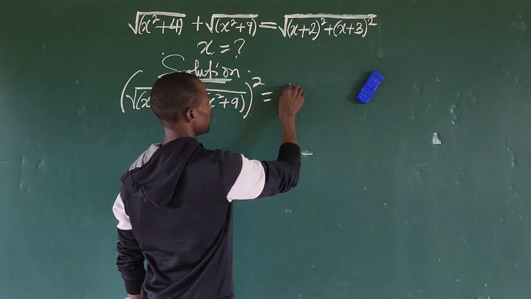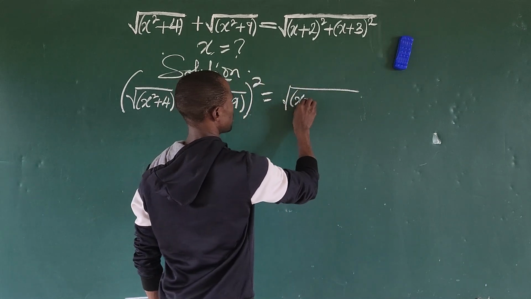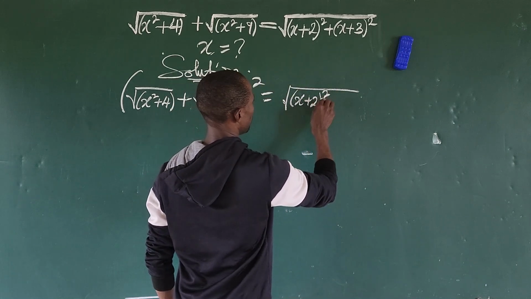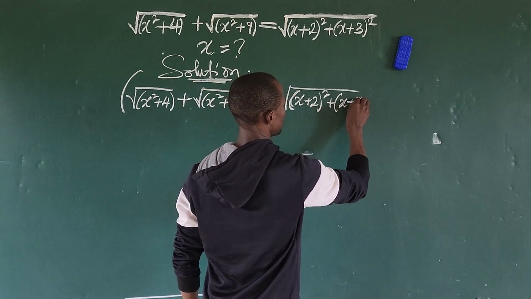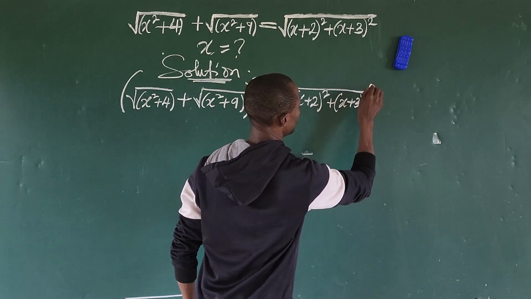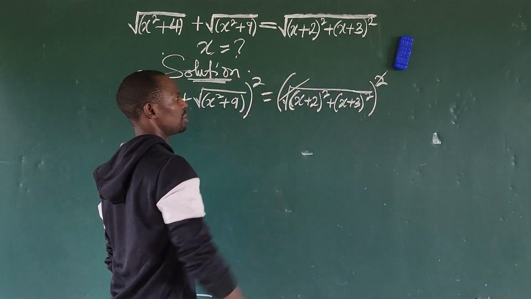This is equal to the square root of ((x + 2)^2 + (x + 3)^2), all squared. Everything is squared.